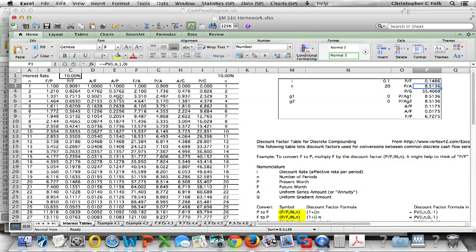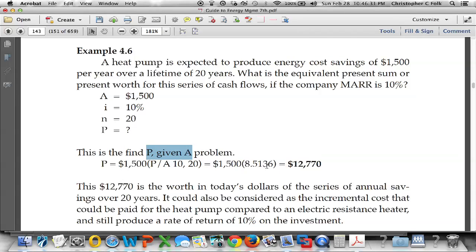Sure enough, 8.514, right? So this value here is pretty much the same as this value here. And the textbook uses, look at that. So that's how these work.